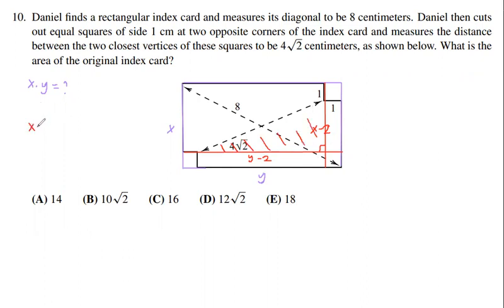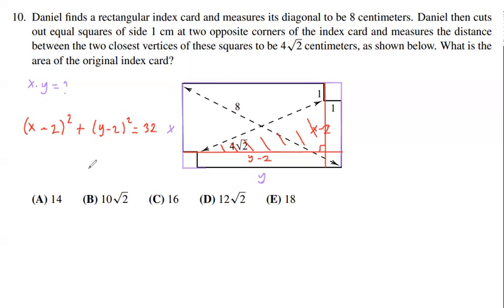So that should be X minus 2 squared, and then Y minus 2 squared, and that is equal to the square of the hypotenuse. 4√2 squared will be 32. Okay. So if you expand this, we will get a quadratic with 2 unknowns, right?